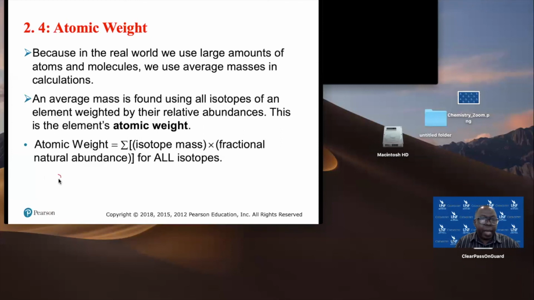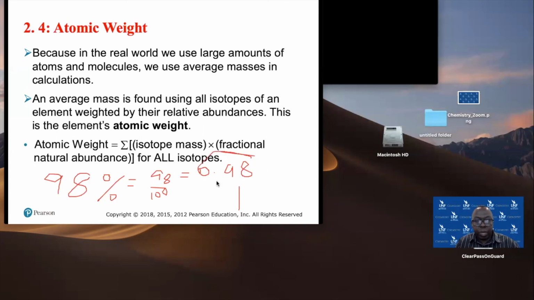If you are given 98 percent, this is the same as 98 over 100, which is the same as 0.98. You will use this last one. This is what you need to use in this equation.